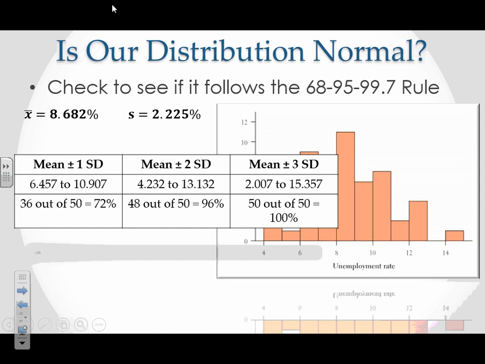Yeah, the first percentage is a little bit higher, but everything else was pretty close. 96 versus 95 is not much different. 100 versus 99.7, not that much different. So based on our analysis here, we should conclude that it's approximately normally distributed. It does follow that empirical rule fairly closely.